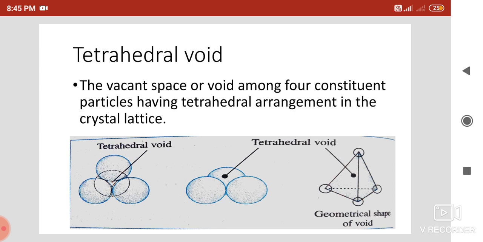One vacant space is shown, formed among the four constituent particles having tetrahedral arrangement. If that type of arrangement is there in the crystal lattice, then that vacant space is called a tetrahedral void.